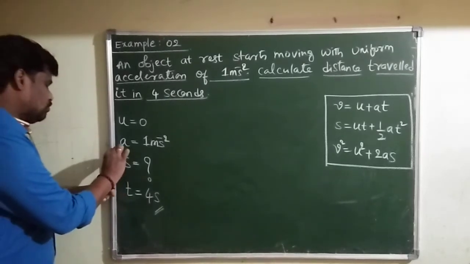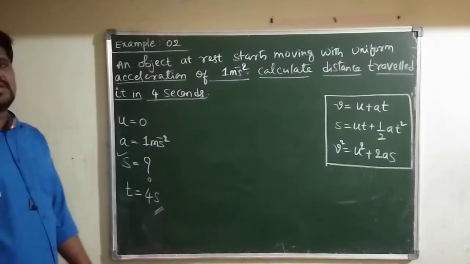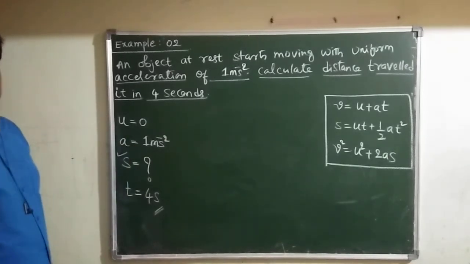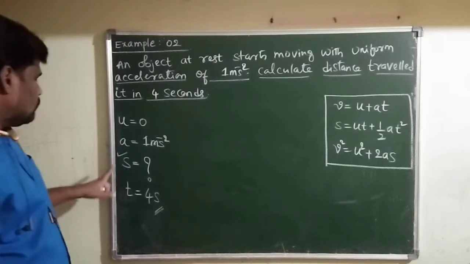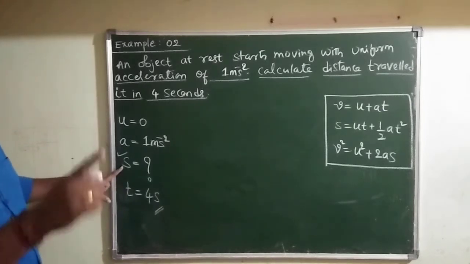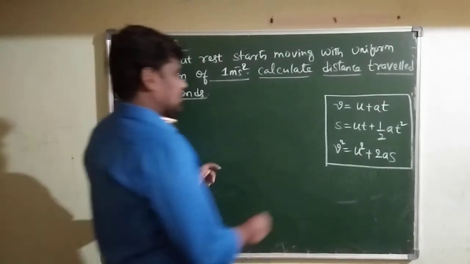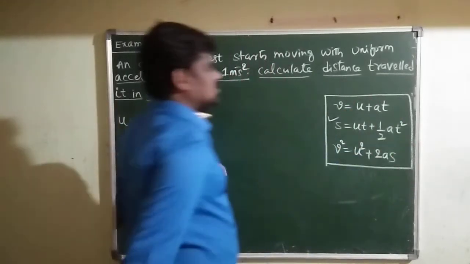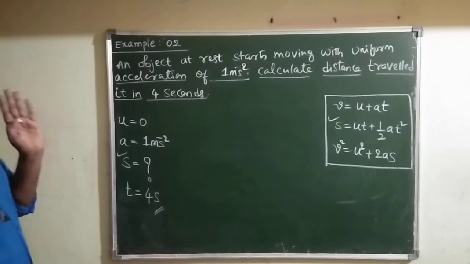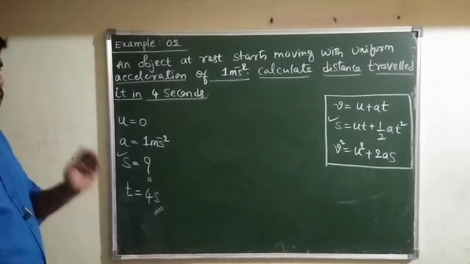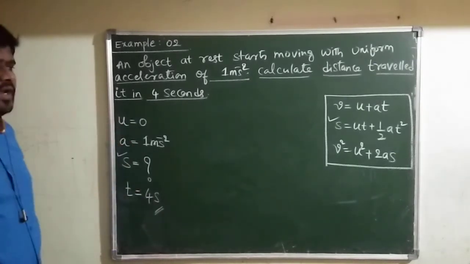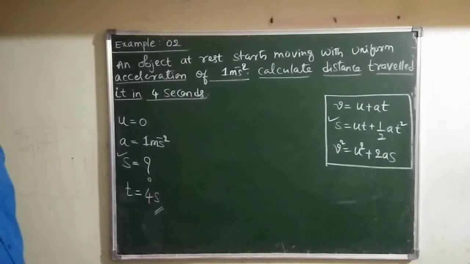They are asking you to find the distance traveled by the body. Then which equation are you using? To calculate distance traveled when the time is given, definitely that equation should be S is equal to UT plus half AT square.